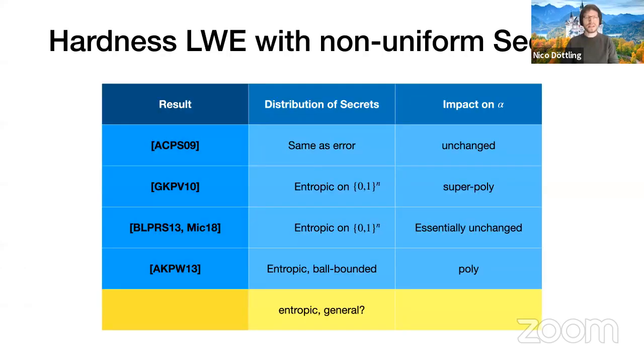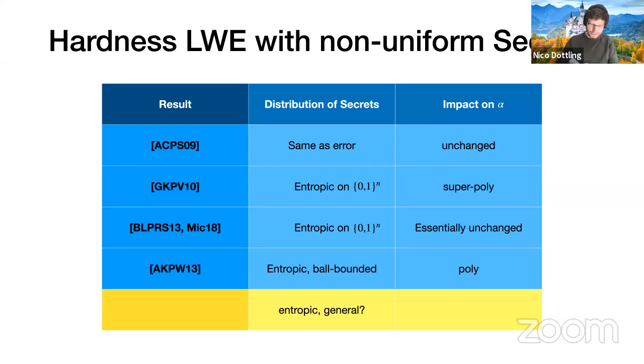So there have been quite a few works which have looked into this problem of entropic LWE, or in more general LWE with a distribution of secrets that's not distributed uniformly at random. But looking at all these works, you will find that there's one thing in common: the entropic distributions of secrets.